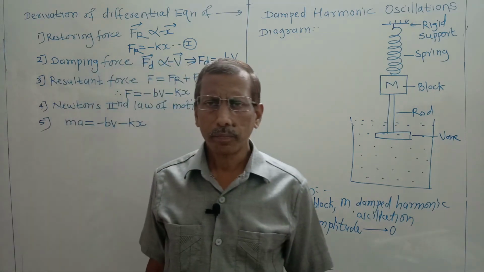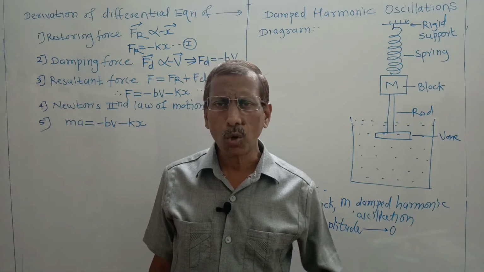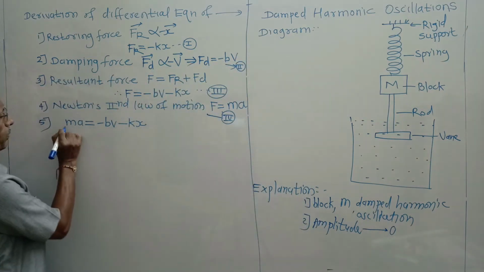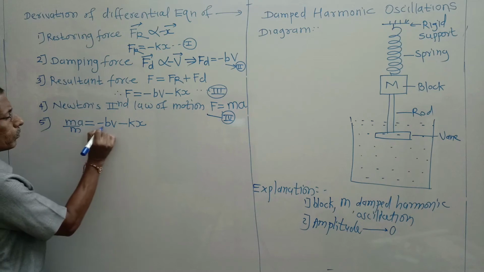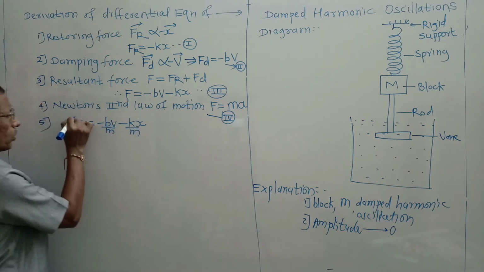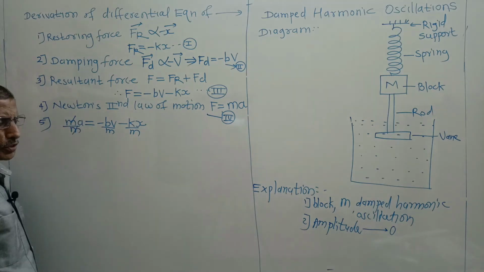So divide by m on both sides. Here we divide by m, so on the left-hand side this m gets cancelled.